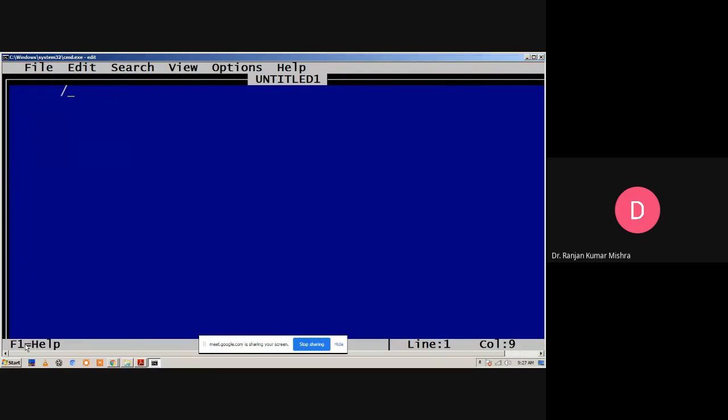The first comment type: all characters between the delimiters are ignored. This is used for multiple line comments. Next is the double slash: all characters after it up to the end of the line are ignored.